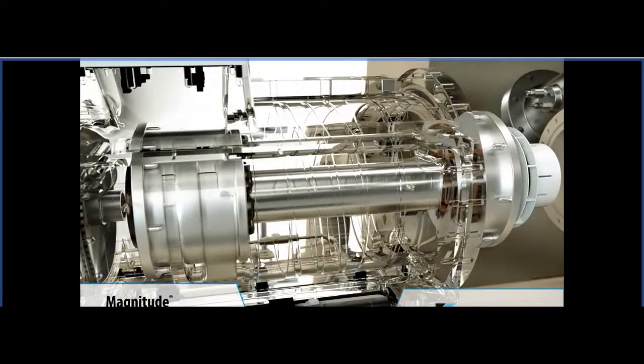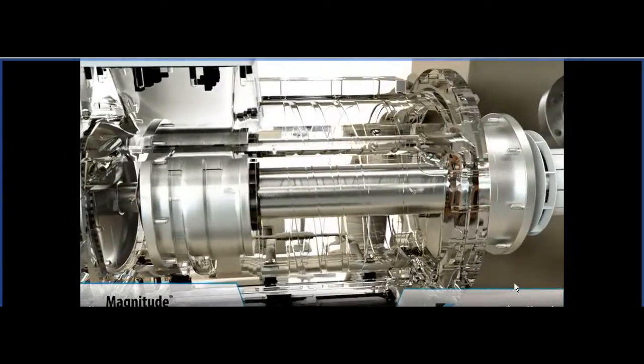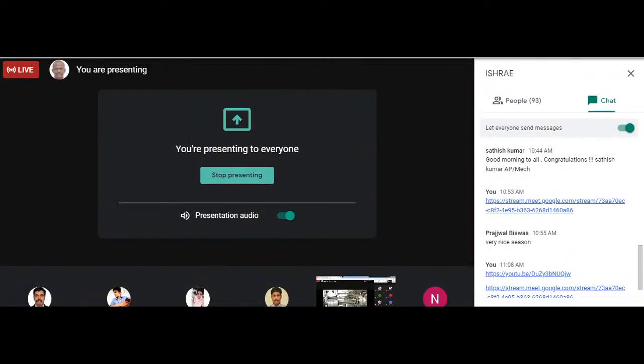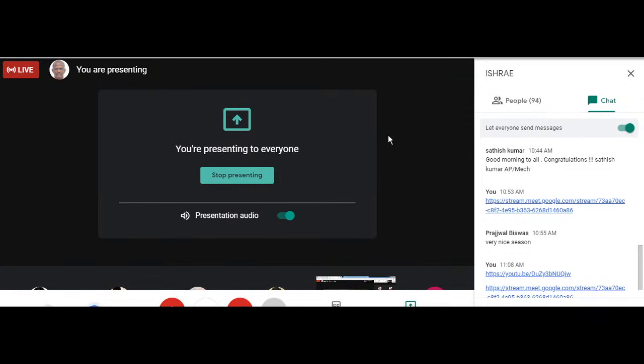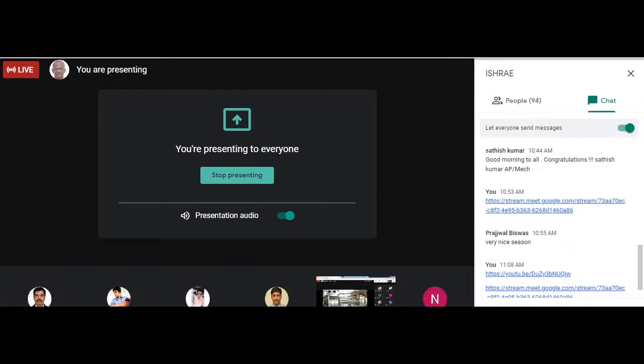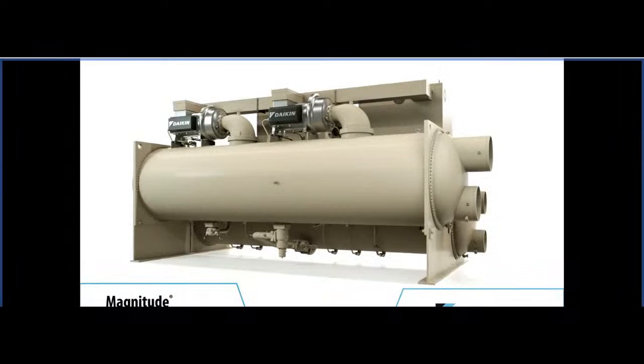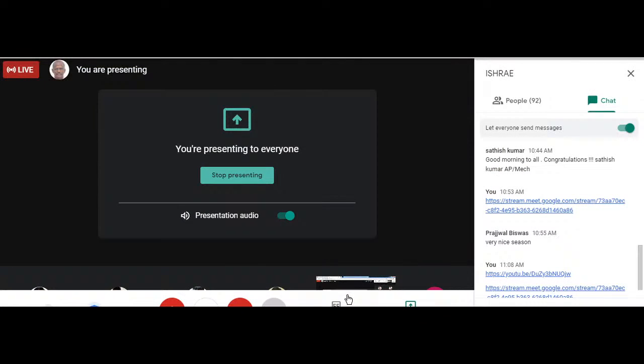The direct drive motor eliminates the need for a lubricated gearbox and associated power losses. The compressor shaft is the compressor's only moving component, and it rotates on a levitated magnetic cushion. As a result of its advanced compressor with an integrated variable frequency drive, the Magnitude chiller delivers industry-leading efficiency.